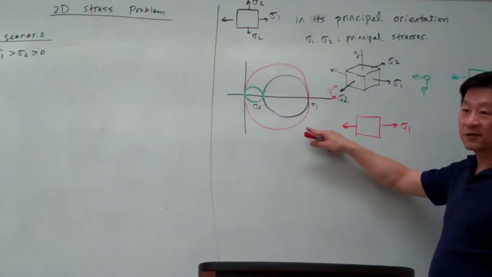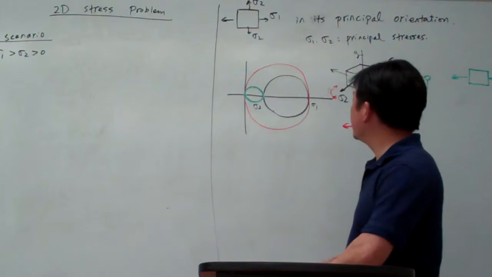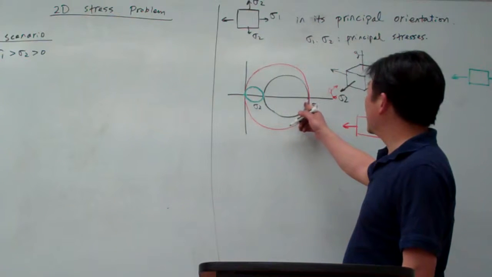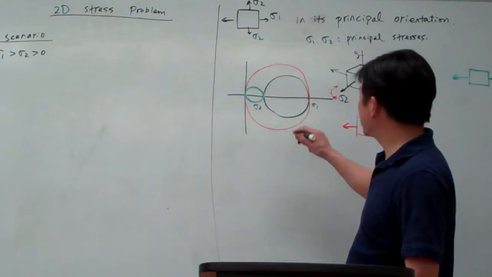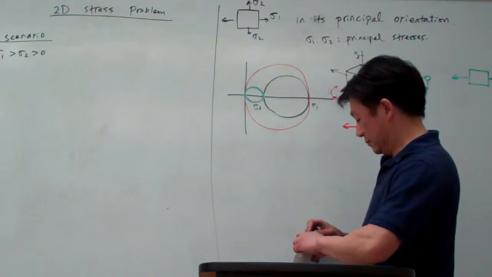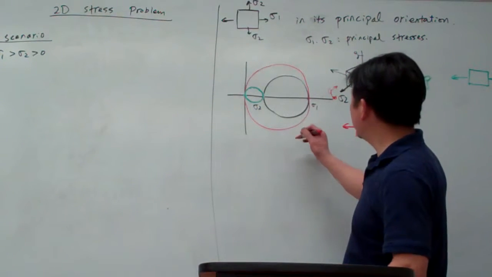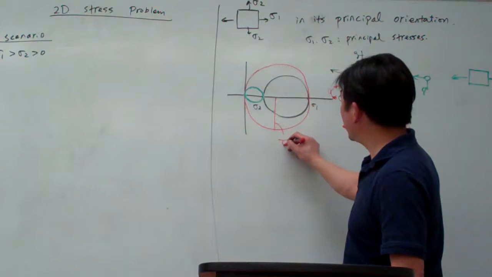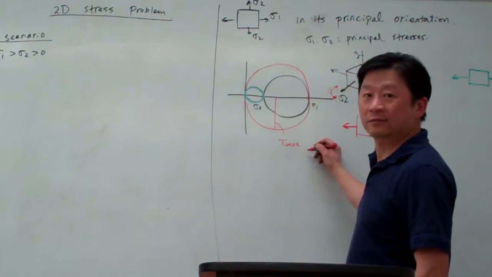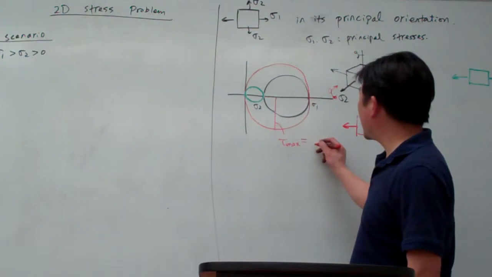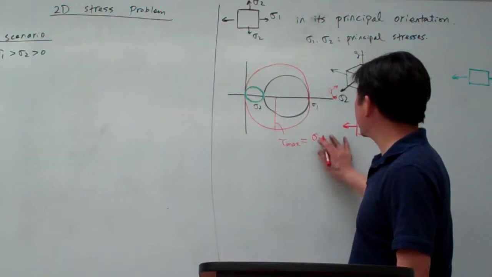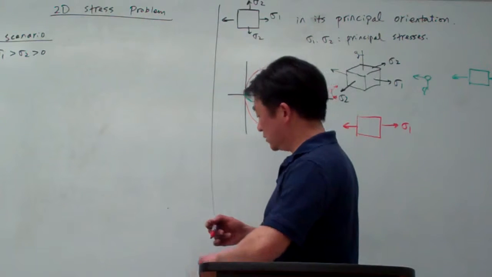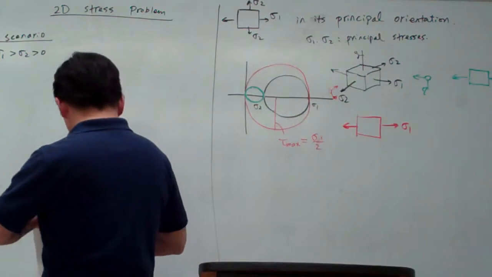So from here you can see what is the maximum stress. For this case, you can see the radius of this one is our maximum. So the maximum shear stress here is sigma 1 divided by 2. Okay, so for this case, we are asking this.